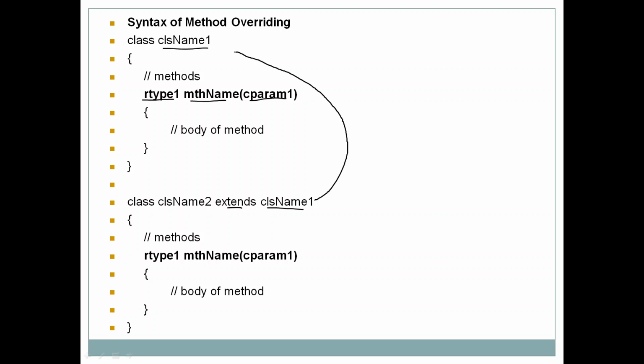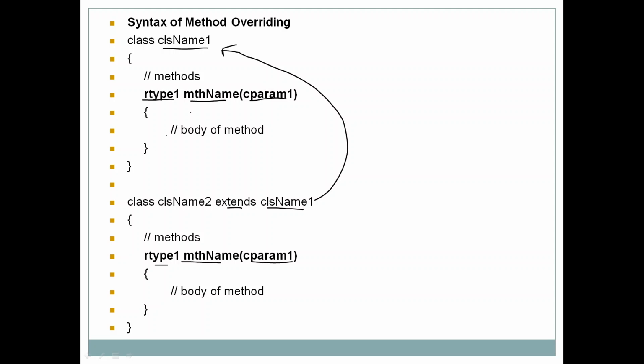As it is inheriting, all the properties of CLS name 1 are properties of CLS name 2 now. Even this method is available in CLS name 2, and in CLS name 2 we have defined a method with a return type, the method name, and again the parameter. The same method which is declared in class 1, we are declaring again in class 2, with the same return type, same name, same parameters, then this is called method overriding.